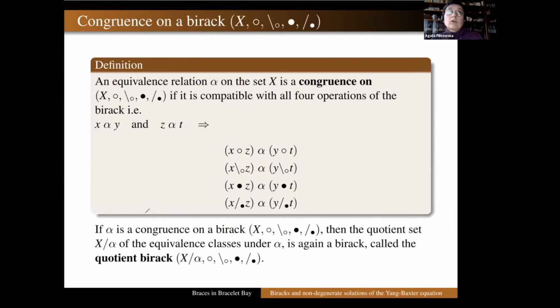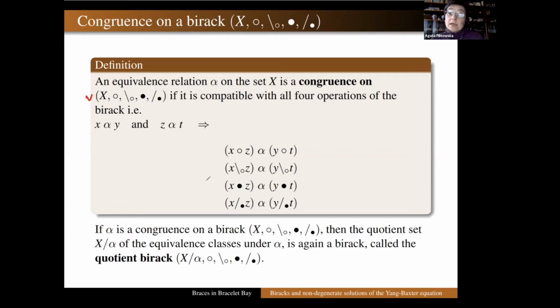Let us recall that by congruence, we understand an equivalence relation defined on a set X, and we say that this relation, in this particular case, is a congruence on a Birack if it is compatible with all four operations of the Birack.